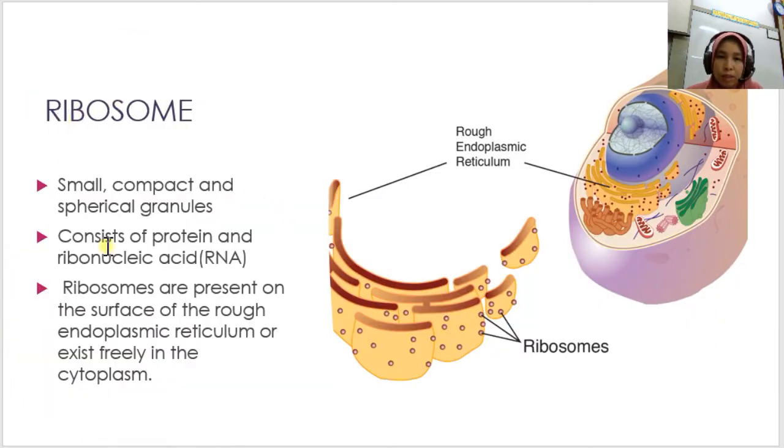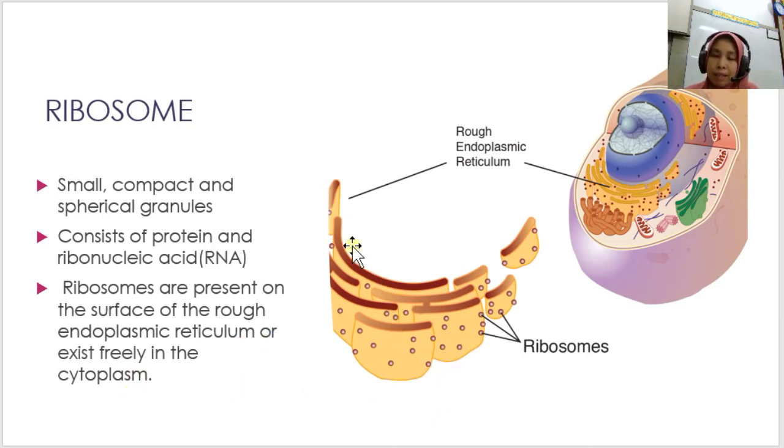Ribosome is a small, compact, and spherical granule. It consists of protein and ribonucleic acid, or RNA. Ribosome is present on the surface of the rough endoplasmic reticulum or exists freely in the cytoplasm.